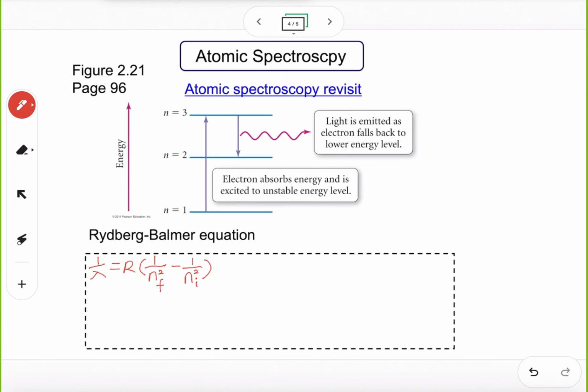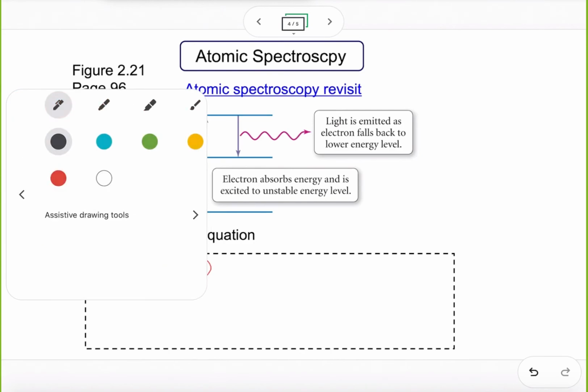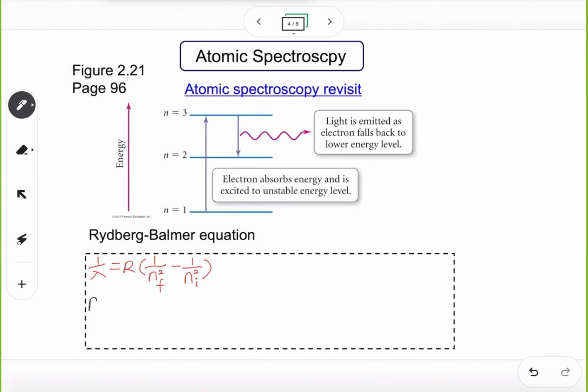Lambda, of course, we know it's wavelength. How about R? R is a constant, the Rydberg constant, that is 1.1 times 10 to the 7 meter to the negative 1.